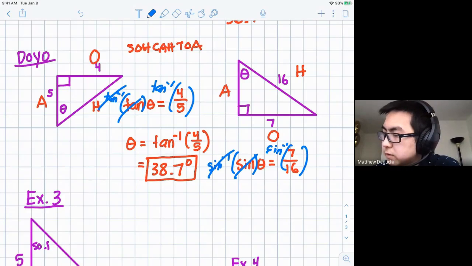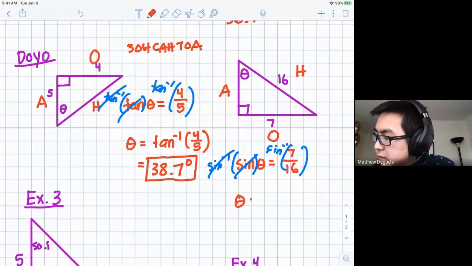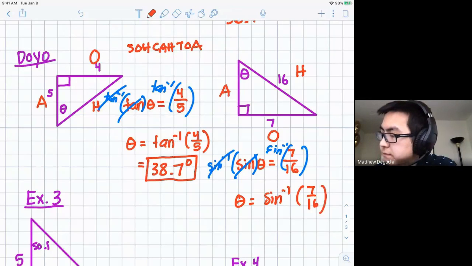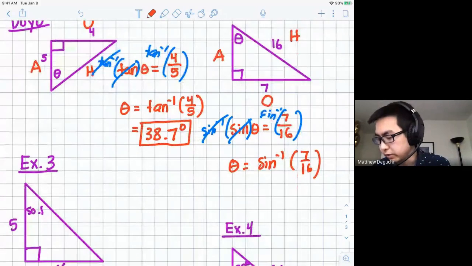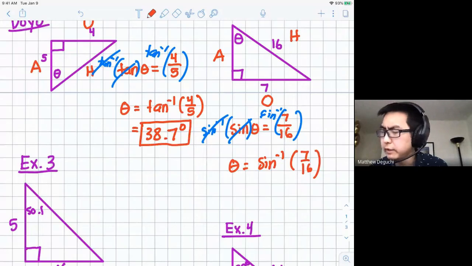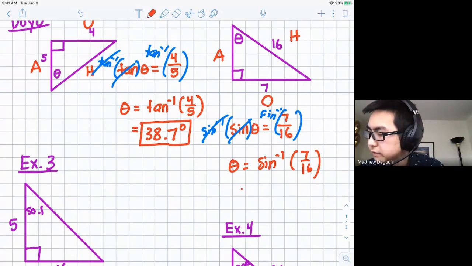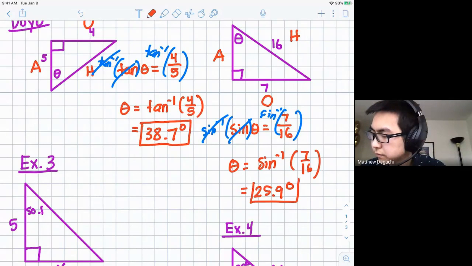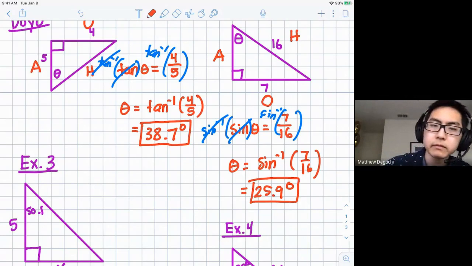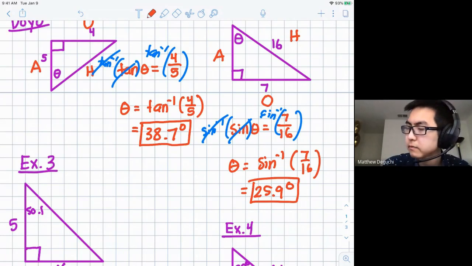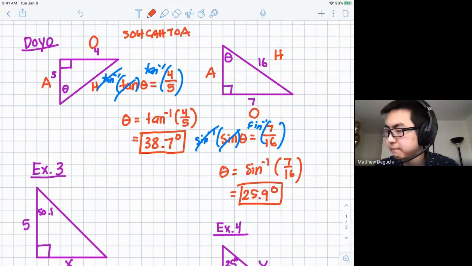These cancel. So you're left with just theta is equal to sine inverse of 7 over 16. Submit that into your calculator, and you should get 25.9 degrees. And that's about it.